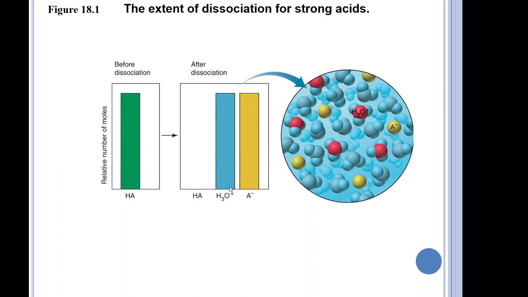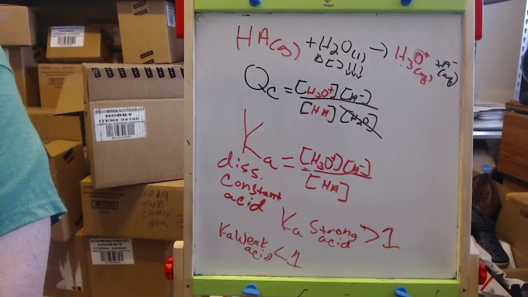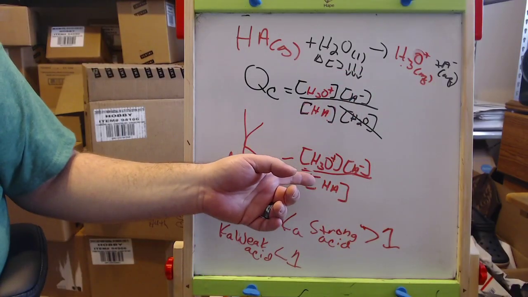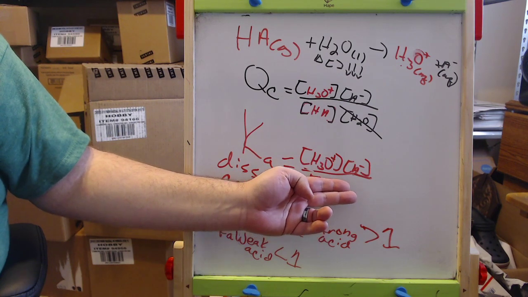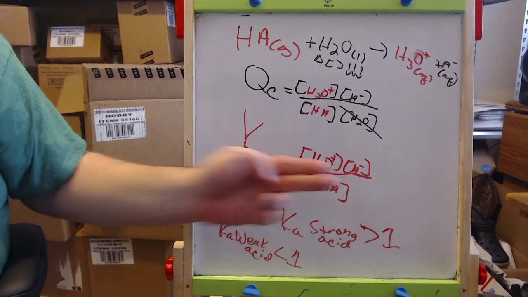And it's going to break down into H3O plus and A minus. It's going to all break down. After dissociation, if I'm really a strong acid, I should have nothing in this column. So if we go back to here, if I don't have any of this at the end of the dissociation, my number is going to be bigger than 1.